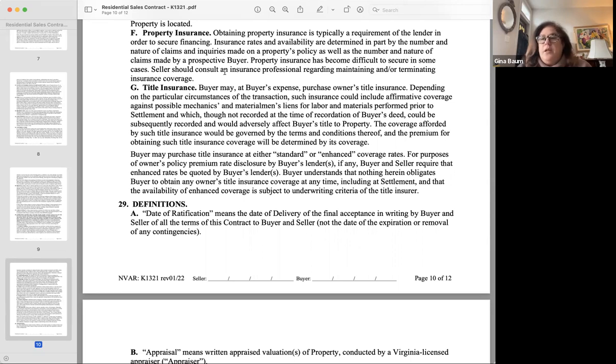Okay, so if there have been a lot of claims against a home for property insurance, the best example I can give you is, say, in Florida, where there are a number of hurricanes and lots of insurance claims. Obviously, the insurance is going to be higher if there have been multiple claims on a property.